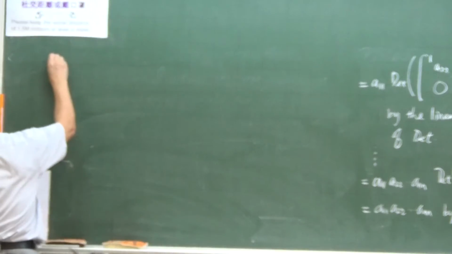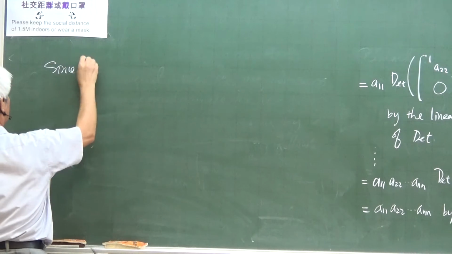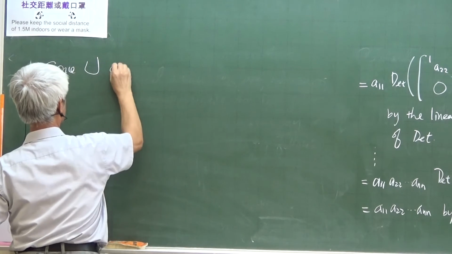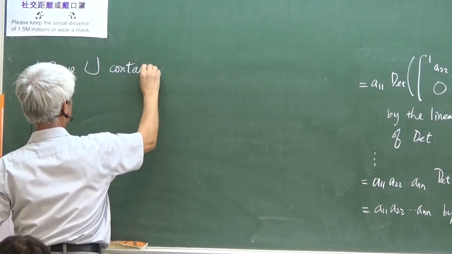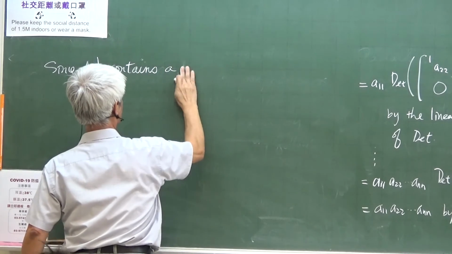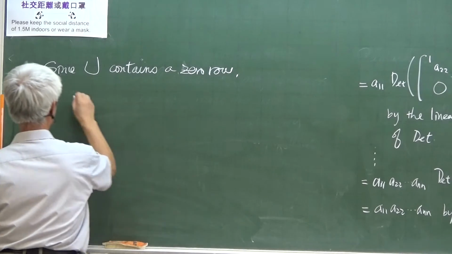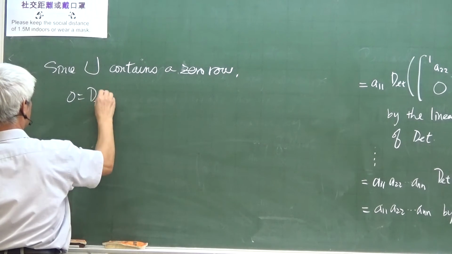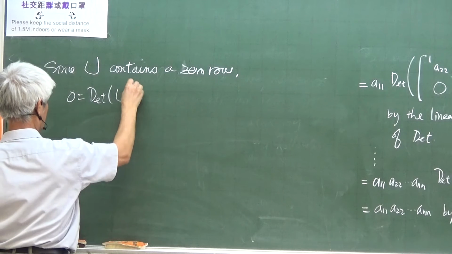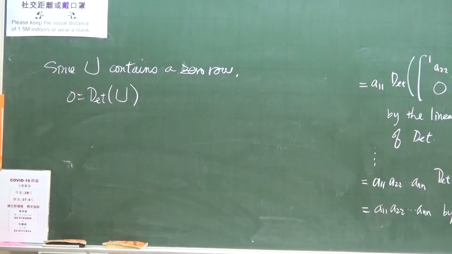Okay, now since U contains a zero row, right? So the determinant of U is 0. Okay?